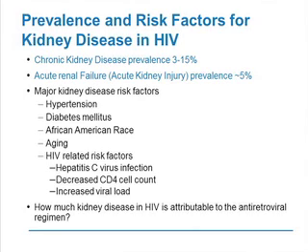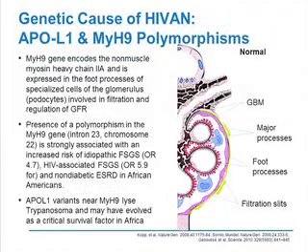One of the questions that's a big question in nephrology related to HIV is how much kidney disease is attributable to the antiretroviral regimen. This slide actually addresses the genetic basis of the racial predilection for kidney disease.